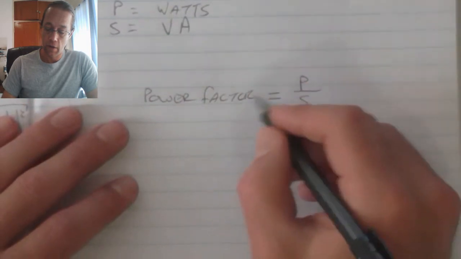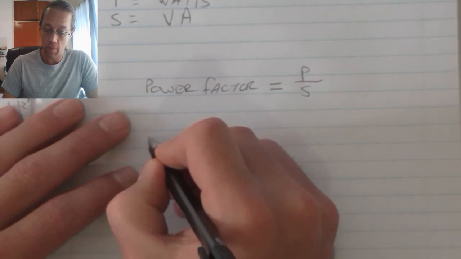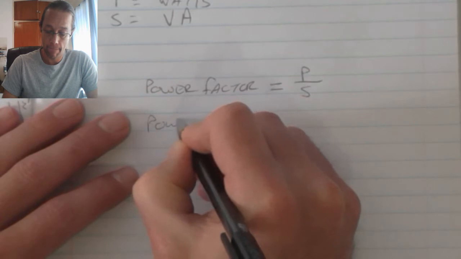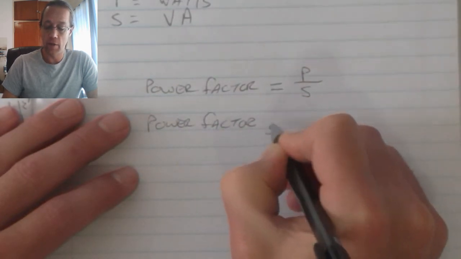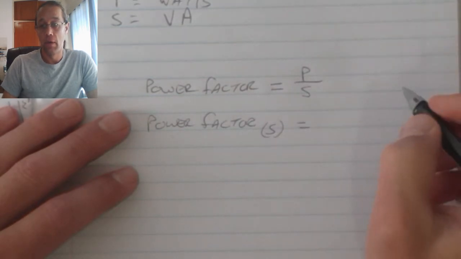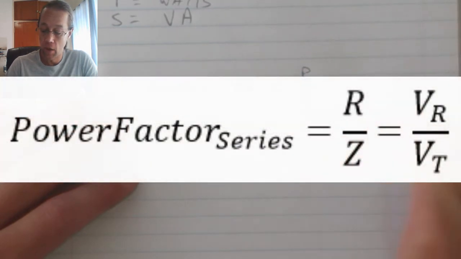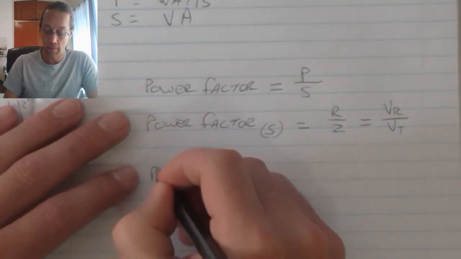If we go through all of those details and substitutions and cancellations, we will determine that the power factor for a series circuit can equal R over Z, or it can equal VR over total supply voltage for series circuits.